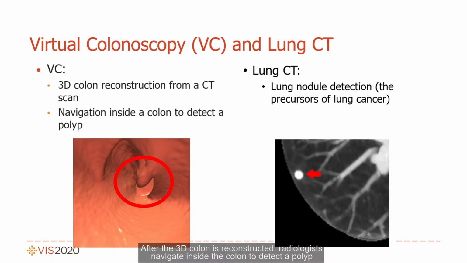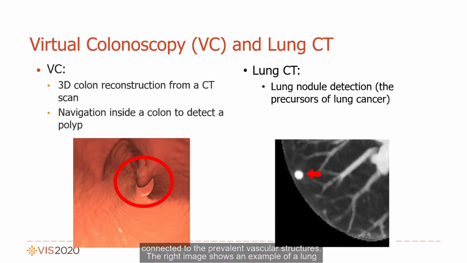After the 3D colon is reconstructed, radiologists navigate inside the colon to detect a polyp, which looks like the left image. Similarly, in the context of lungs, radiologists have to interpret the 2D chest CT scans to look for lung nodules, the precursor of lung cancer, characterized by isolated spots not connected to the prevalent vascular structures.